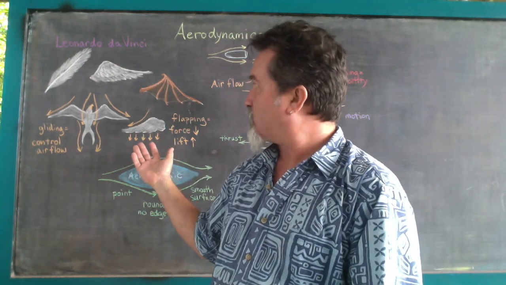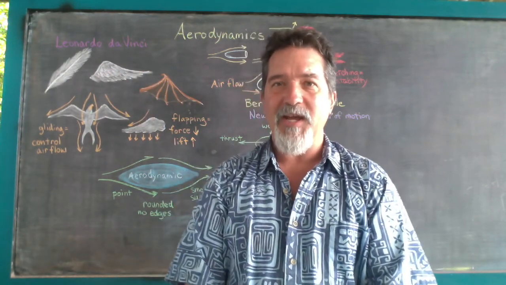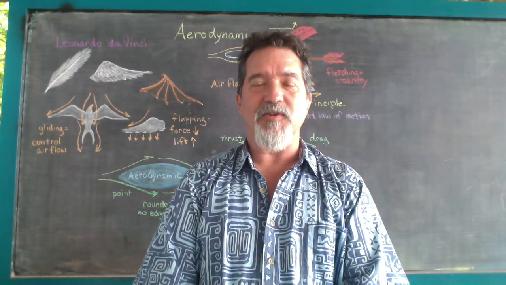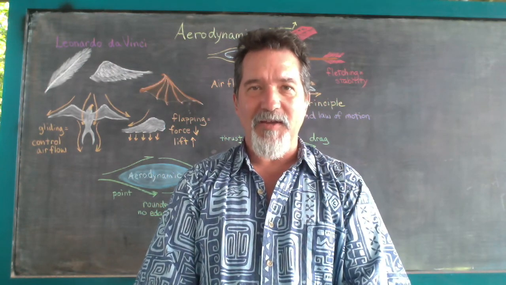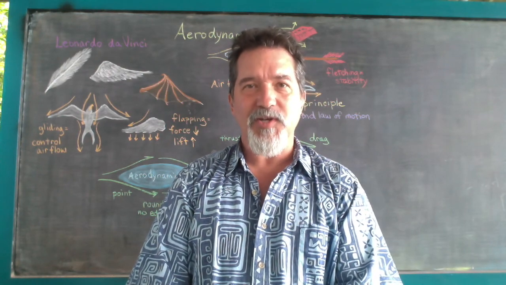So our birds, we realized, all the way back from the days of Leonardo da Vinci, have already evolved all of these different aspects in order to be aerodynamic in flight. And so what does that mean? What is an aerodynamic shape?